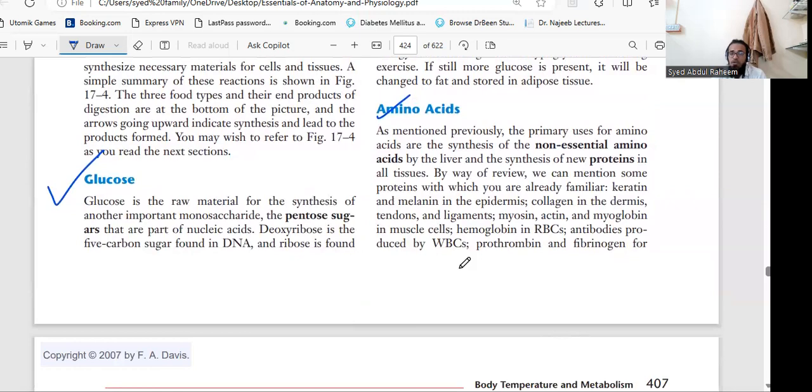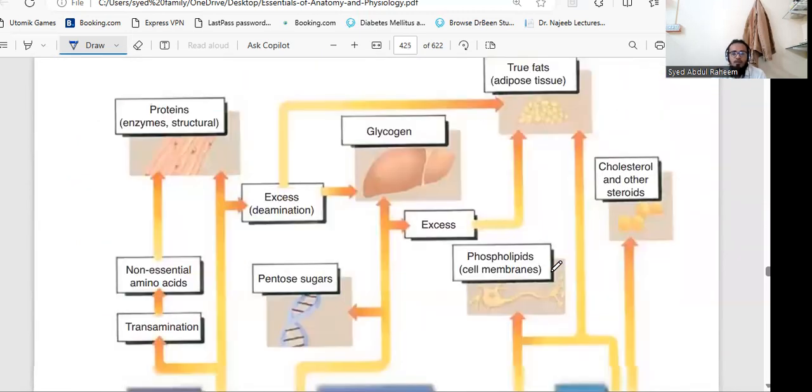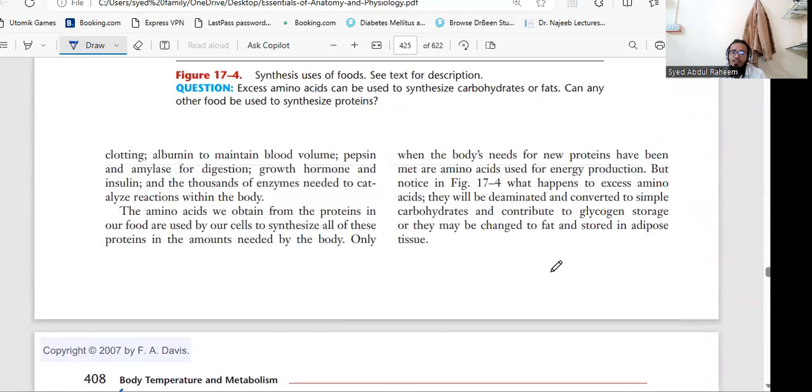RBC, antibodies, WBC, prothrombin, fibrinogen, everything. Albumin, pepsin, growth hormone, enzymes, everything needs amino acids, which are very important. Only when the body's needs for new proteins have been met are amino acids used for energy production. So whenever an extra amount of energy is being produced, we need amino acids.